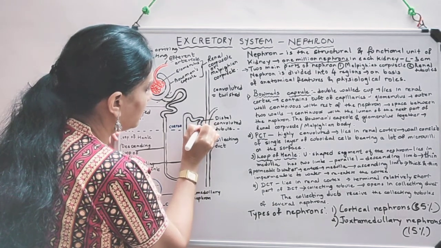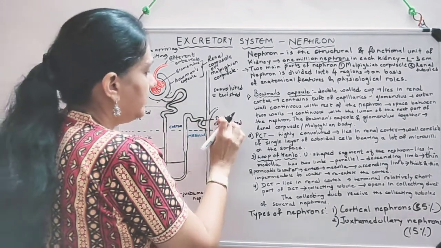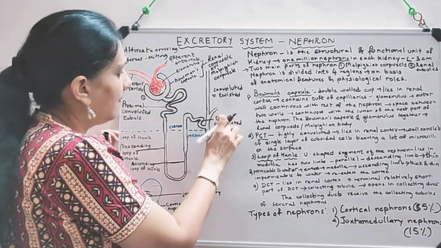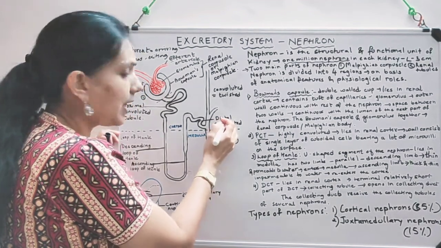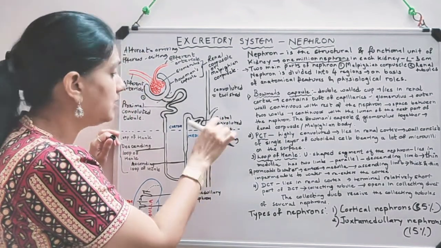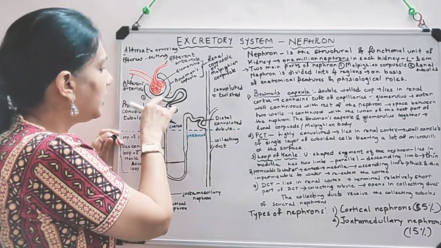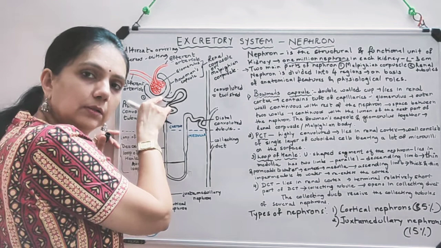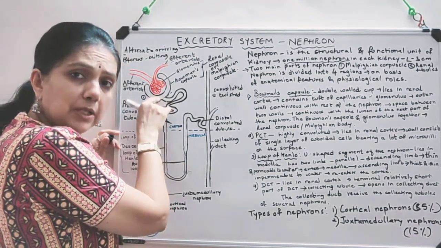You see another part of tubule that is twisted. So this is called distal. That is distal convoluted tubule. The reason why it is called distal is this distal means it is away from the Malpighian body. Proximal means nearer to the Malpighian body.